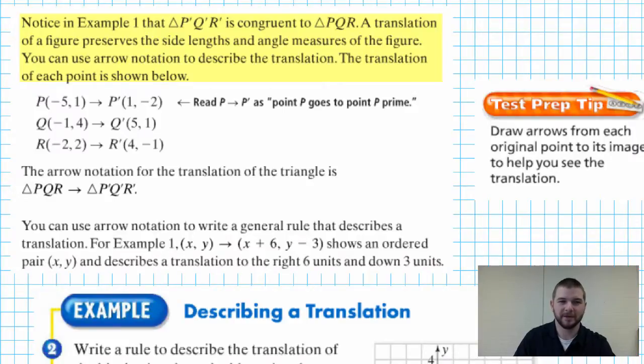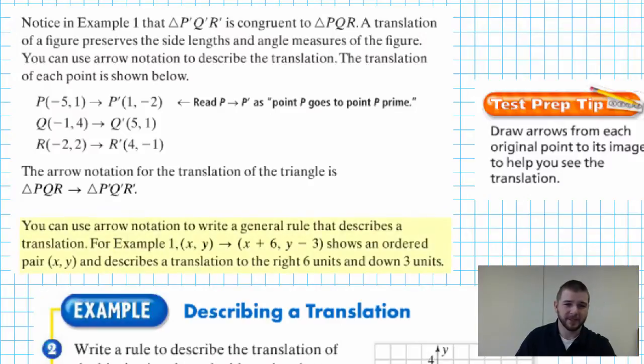The translation of each point is shown below. The point P, -5,1, was translated to the point P prime at 1, -2. I'll let you read Q to Q prime and also R to R prime, but just note the arrow notation for the translation of the triangle is triangle PQR is translated to triangle P prime, Q prime, R prime.